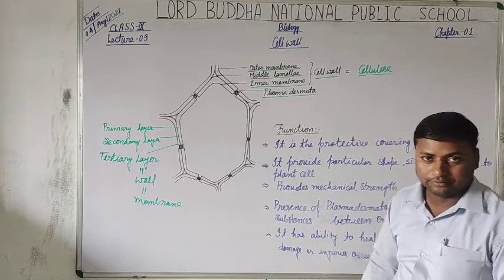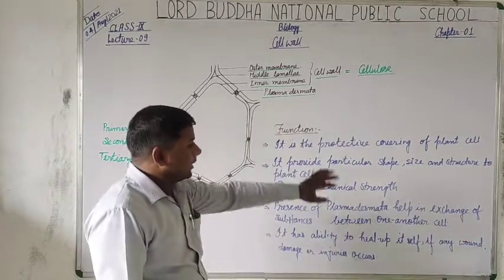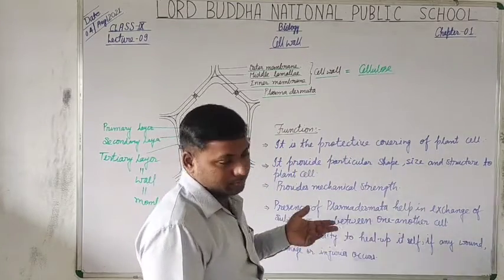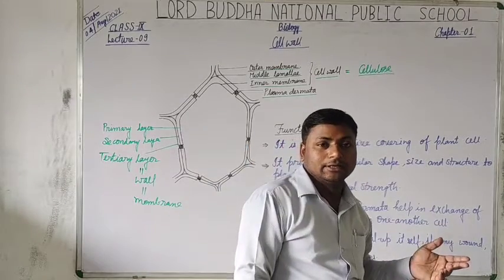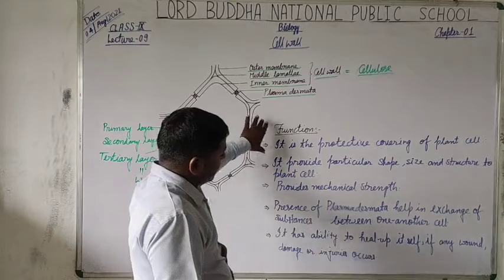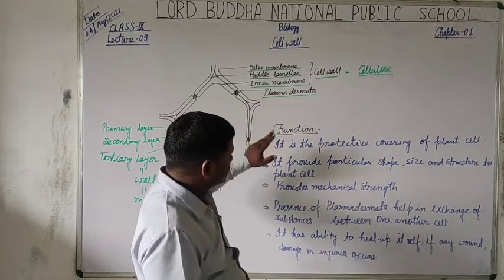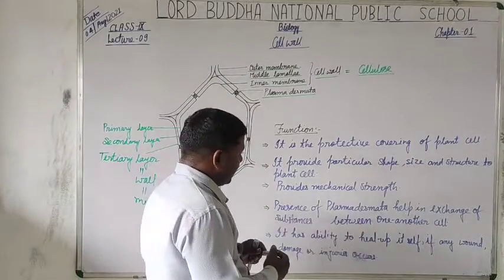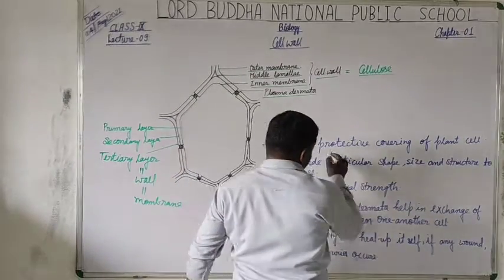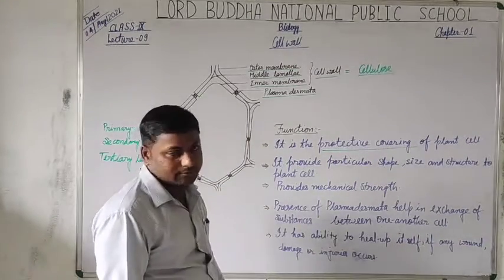Now we are going to define the function of the cell wall. As the cell membrane performs functions in the animal cell, likewise in the plant cell the cell wall serves the following functions. It acts as a protective covering of the plant cell.